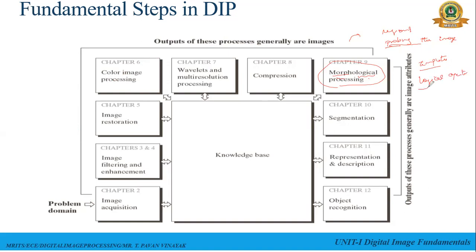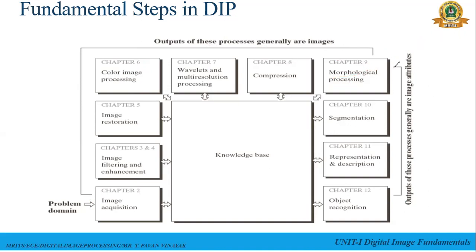Using these logical operations, we probe the images, means we crop the images, means we separate the background from the foreground, like this. This is morphological processing. Here we have basically only two techniques, erosion and dilation. We will learn in detail in the fourth unit.